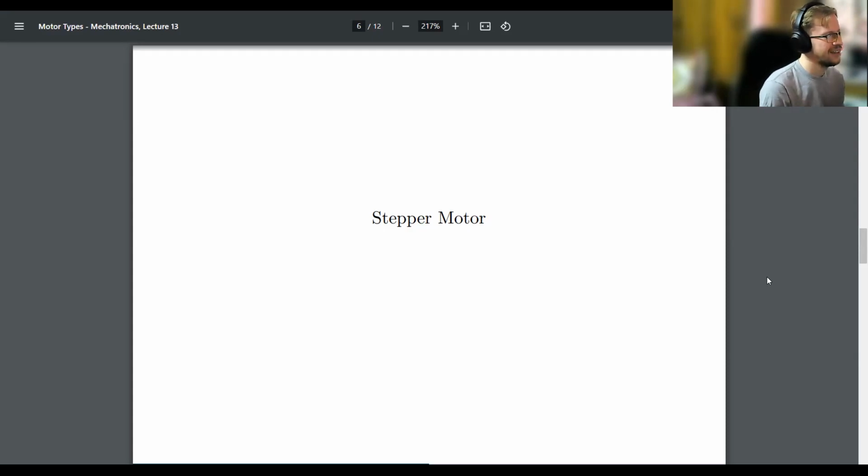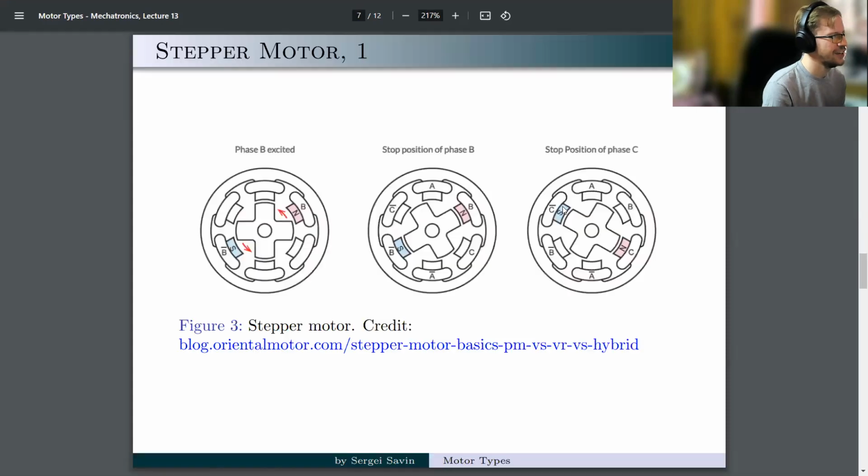Okay. Now let's look at what it is in terms of a diagram. And this is a diagram. Let me just explain what is shown here. These guys are sources of magnetic field, just like before.